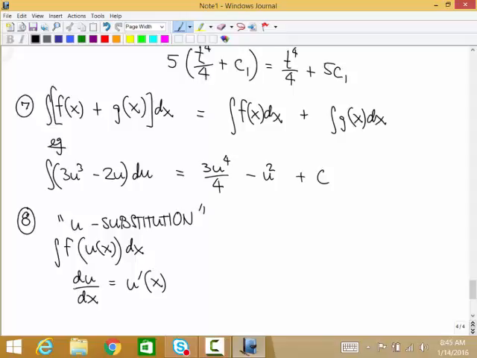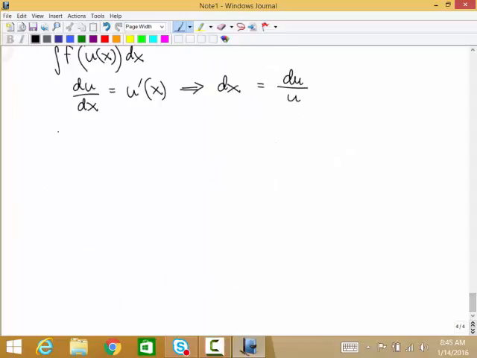And then we can solve for dx. So dx is equal to du over u prime. And then that lets us reformulate this integral as the integral of f of u du over u prime of x.